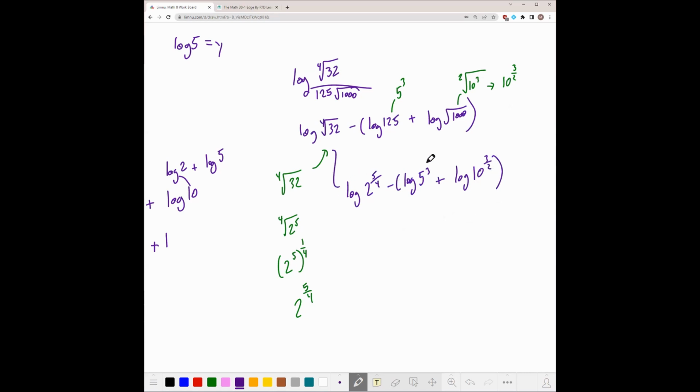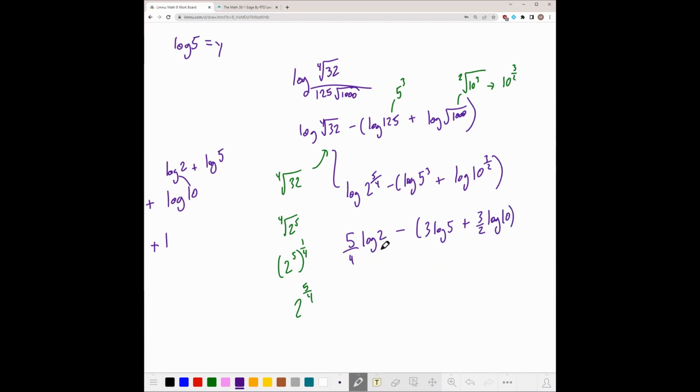And now let's do our power of a log law, or log of a power law. We're going to bring our exponent in as a coefficient. So it's 5/4 log 2 minus 3 log 5 plus 3/2 log 10.